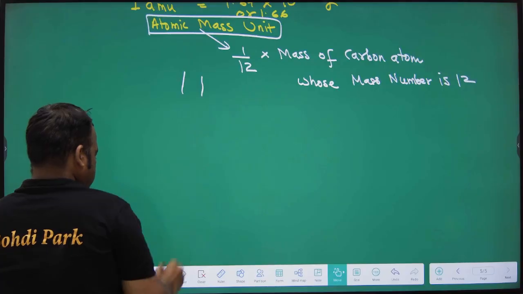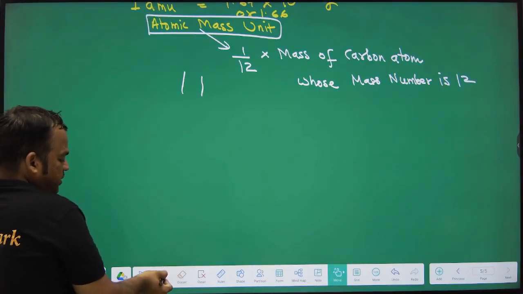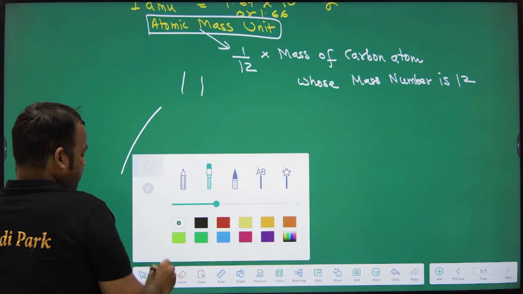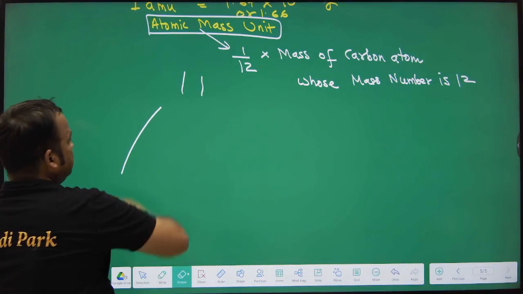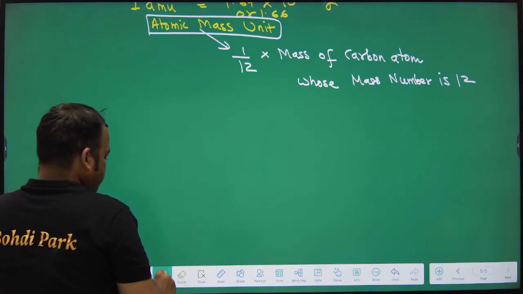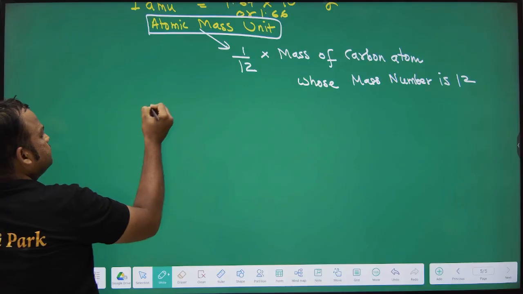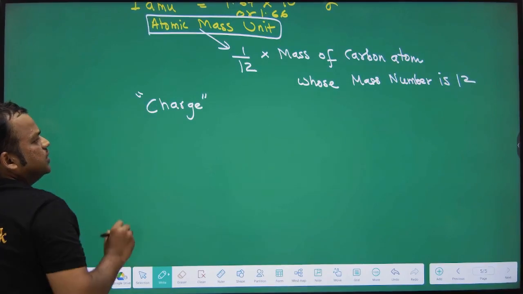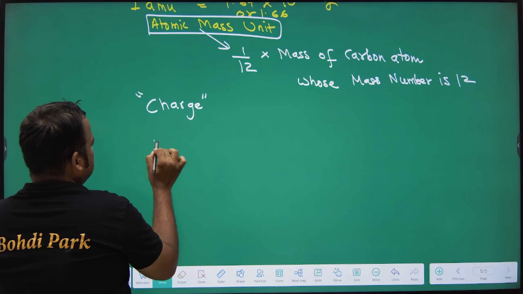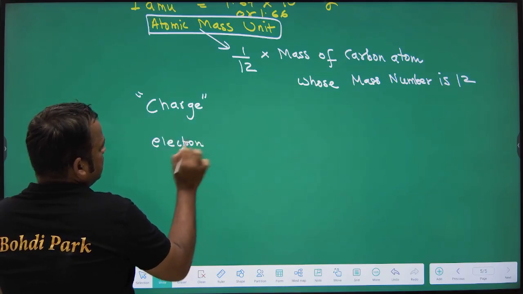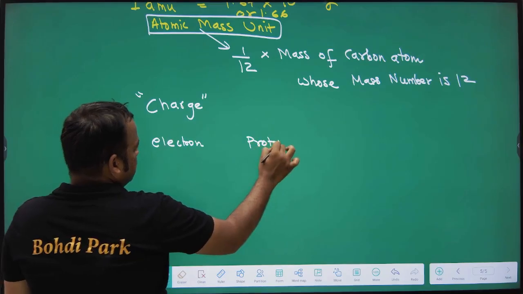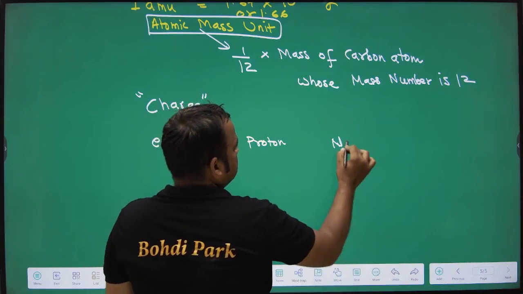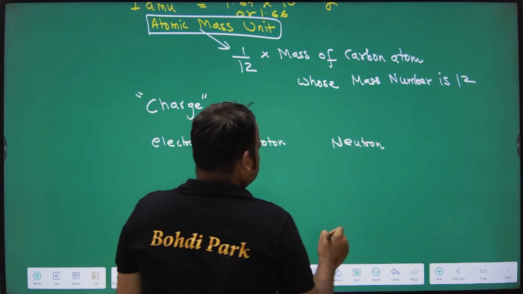What else do they have? They have mass and they are very small in size as compared to the size of a human being. So these are microscopic particles. Another property they have is the charge. Electron has charge, proton also has charge, but neutron doesn't have charge.